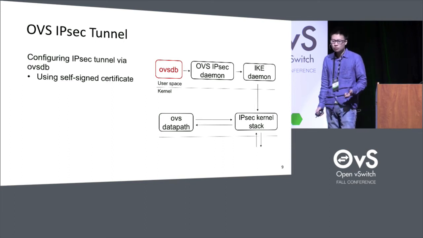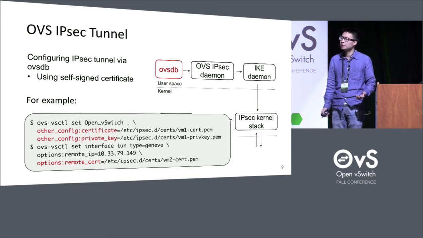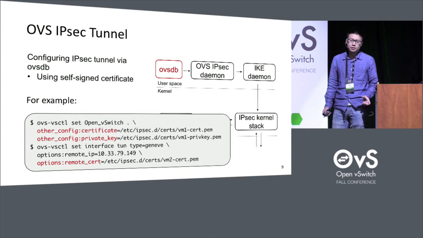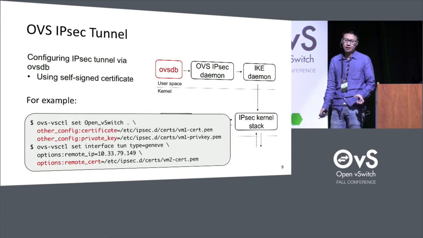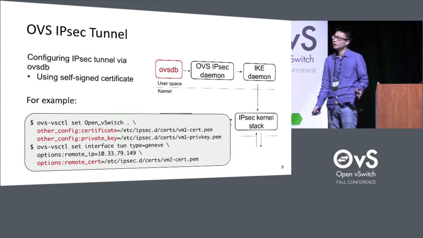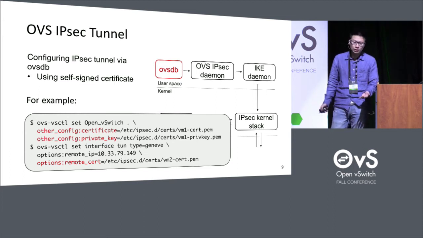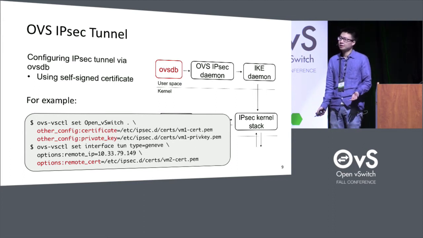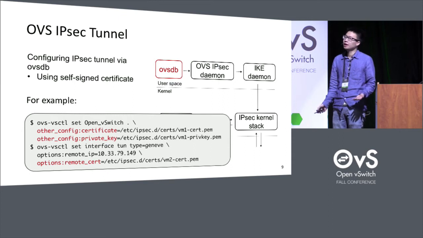In the self-signed certificate approach, each host first needs to have its own certificate and private key. This certificate can be self-signed, and in the Open vSwitch table, it specifies the local file system path of the certificate and the private key.